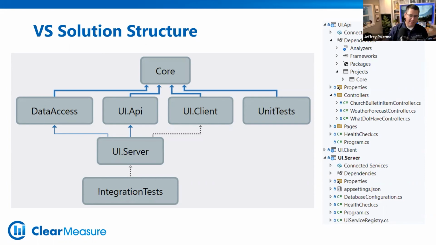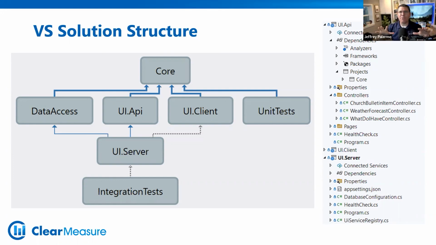If you see on our dependency diagram on the left side of the screen, UI.server is hollowed out to just the configuration and the startup responsibilities. It has references to the other projects in the Visual Studio solution. UI.api has our web services, which is going to end up having server-side logic. And then we have our web services with no intimate knowledge of our WebAssembly, and neither of them have knowledge of data access.